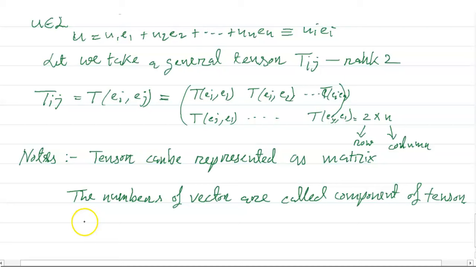Tensors generally change their components when you change the basis.